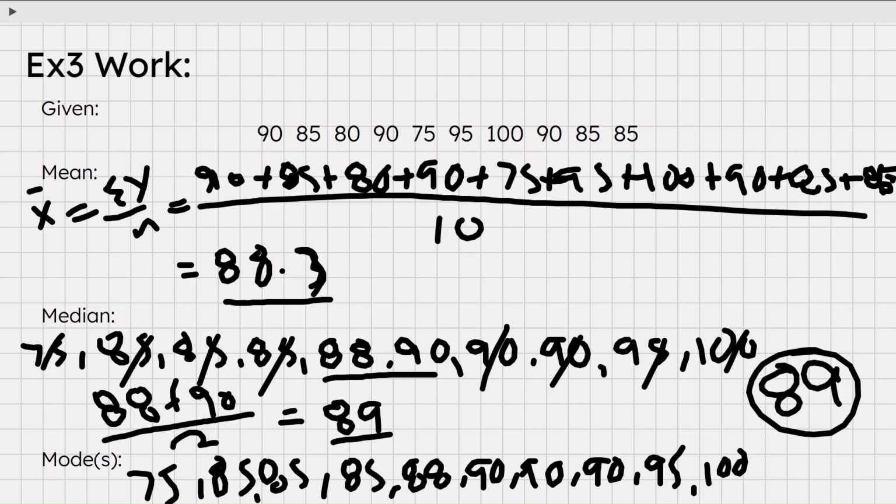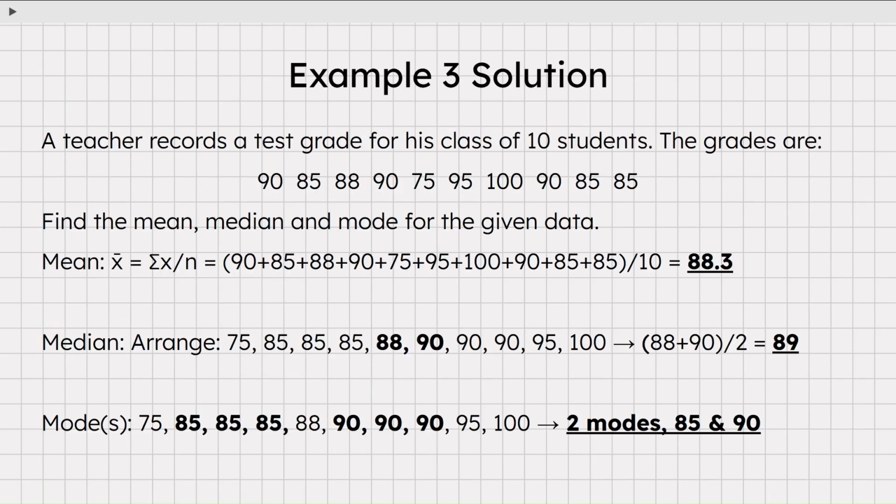So both 85 and 90 are going to be our modes. Now let's check if we're correct. As we can see here, our mean is 88.3, our median is 89, and our modes are 85 and 90. As you can see, we're correct.